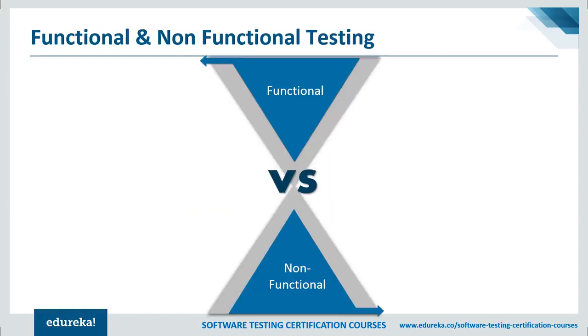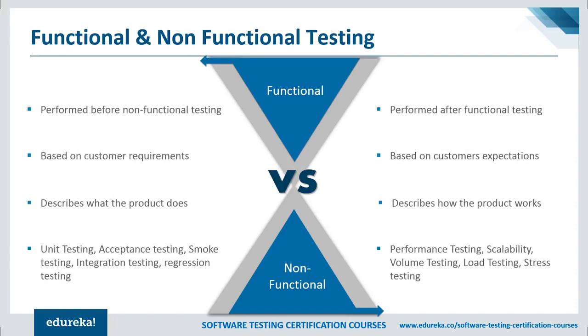Now let's see the difference between functional and non-functional testing. As already listed, functional testing is performed before non-functional testing, and non-functional testing is performed after functional testing. Functional testing is based on customer requirements. On the other hand, non-functional testing is based on customers' expectations. Functional testing describes what the product does, and non-functional describes how the product works.